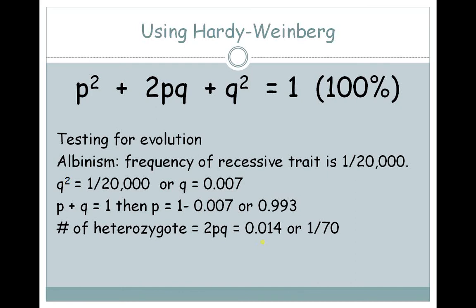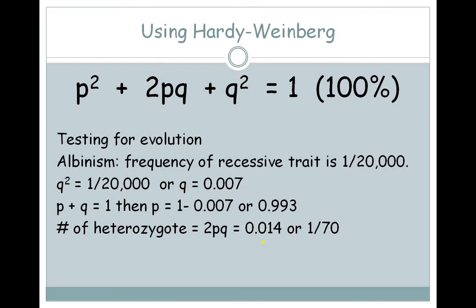This means that q squared, the frequency of individuals with that recessive phenotype, is 1 in 20,000. If I take the square root of 1 in 20,000, I get the frequency of that recessive allele, which in this case is 0.007.